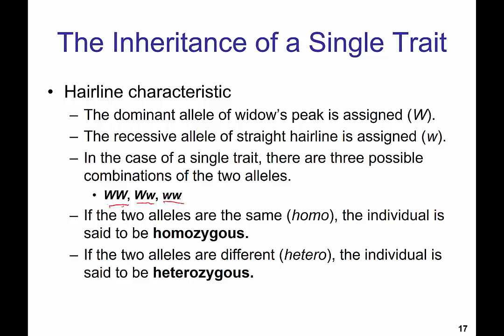If you have two alleles that are the same, that individual is said to be homozygous. Homo means same. If the two alleles are different, then the individual is said to be heterozygous, since hetero means different.